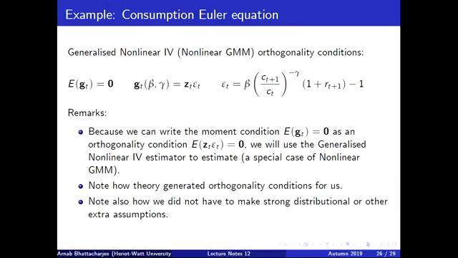We were relatively agnostic about those moment conditions. At the same time, we were very clear about writing them down. So we know what moment conditions we have assumed. We have certainly not assumed any distributions. An interesting question then is, suppose we were able to assume distributions, would that give us any benefit?